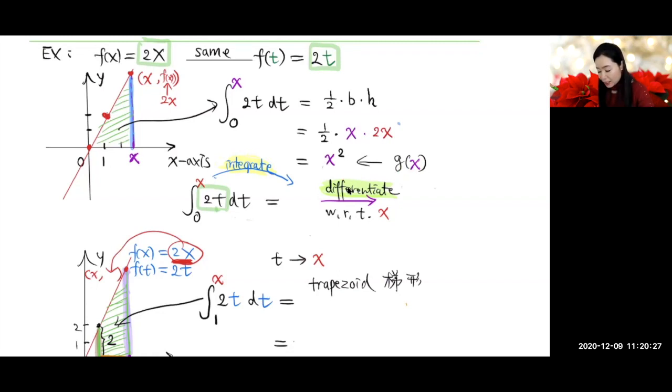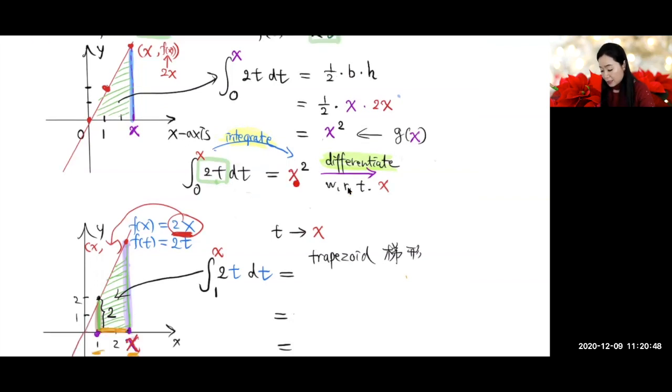So I integrate this function f from 0 to x and I get x squared over 2. Now I'm going to differentiate this function with respect to x. What do you end up with? x. Right, you got it, x.